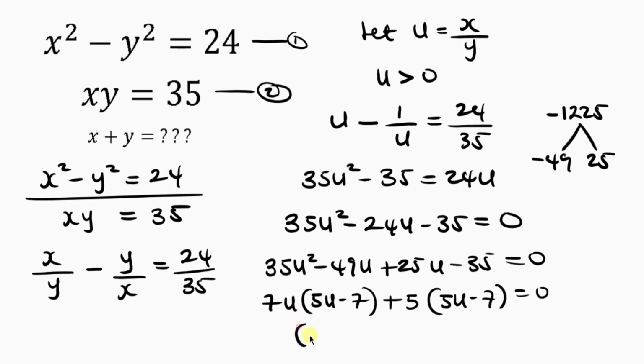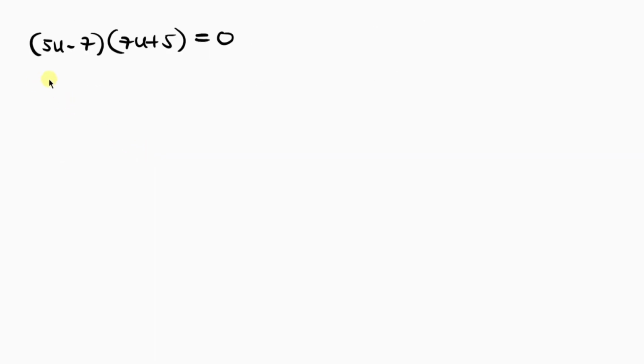So this yields 5u minus 7 times 7u plus 5 equal to 0. So this is well factorized. Let's move forward. All right, so I have 5u minus 7 to be equal to 0, or 7u plus 5 equal to 0.